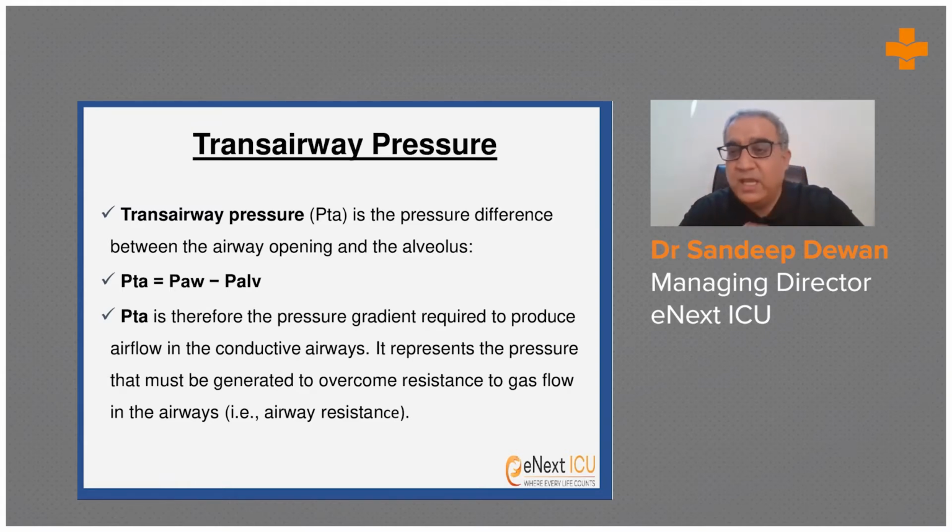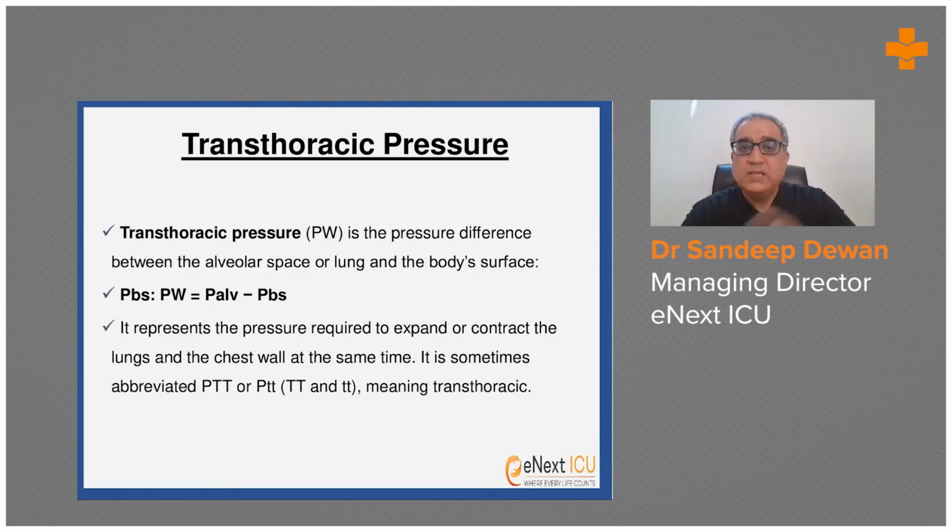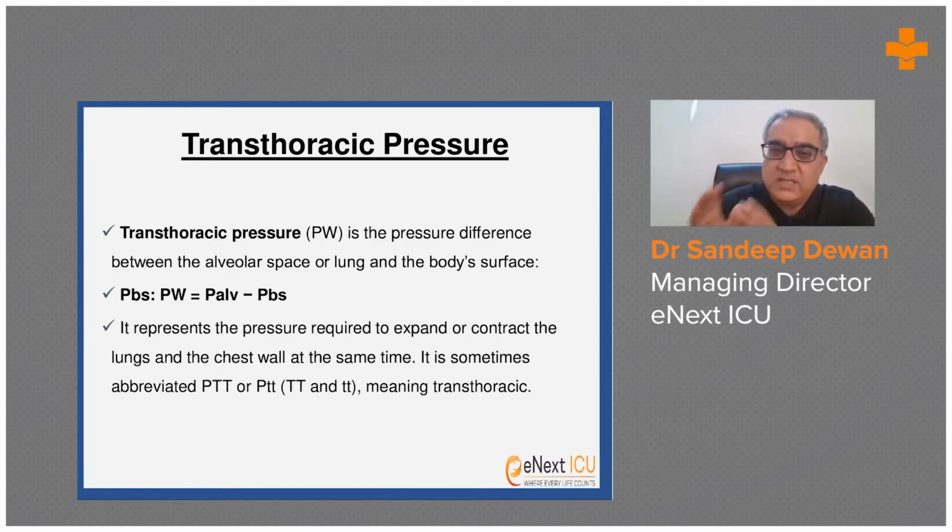So the airway of the human body offers some resistance to the air going inside, and that is the trans-airway pressure. The other is the transthoracic pressure. Now the air has already moved into the alveoli. Between the alveoli and the body surface, that is the chest wall, there is a pressure gradient, known as the transthoracic pressure, denoted by PTT or PW or small Pt.